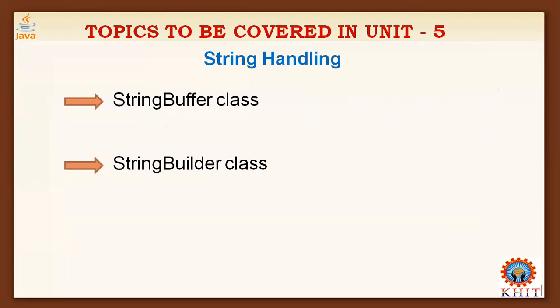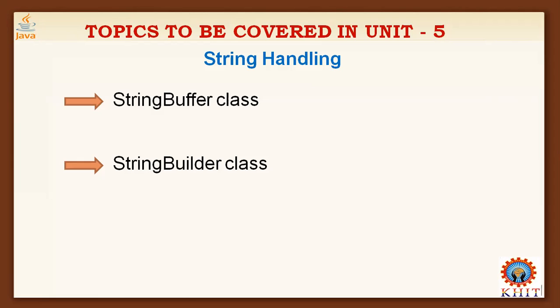We know that these two special classes are designed for modifying strings. Why? Because the String class and String objects are immutable, and we cannot modify or change the values of a string. Here, these two classes allow you to modify.